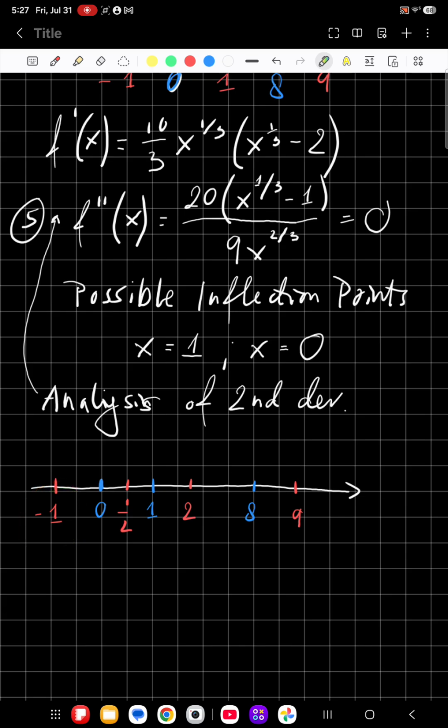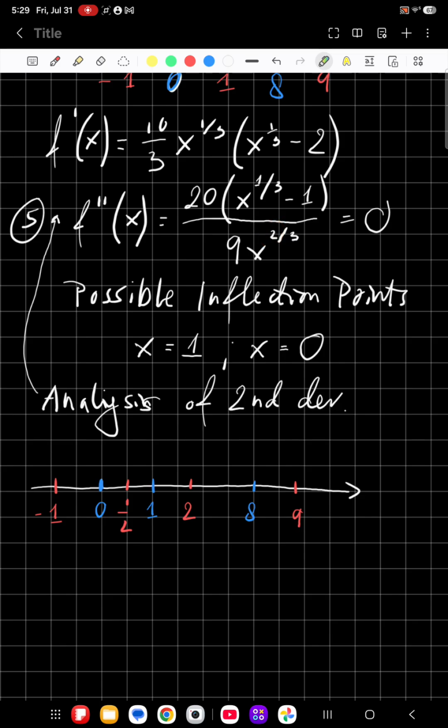For negative 1, I think we get negative. Let me just look at it quickly. Okay, so I'm plugging in negative 1. I'm looking at this denominator, it will always be positive, right? Because even if I take a cube root of a negative number, I still have a negative number, but then I'm squaring that number.